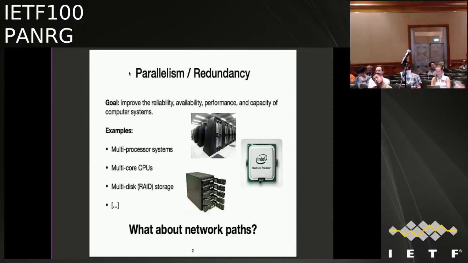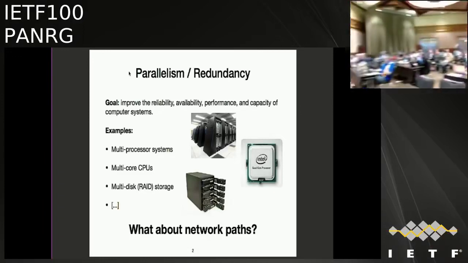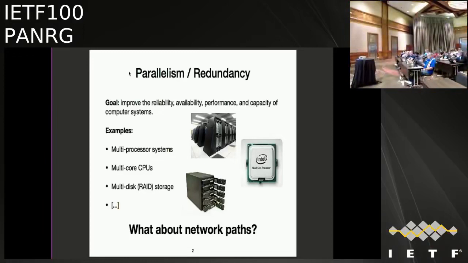I think it's widely accepted that multipath communication can help to improve reliability. If one path goes down, MPTCP, for example, can help to effortlessly and quickly switch to another path. It helps with mobility. If a client disconnects from a Wi-Fi network, for example, he can gracefully switch to LTE.